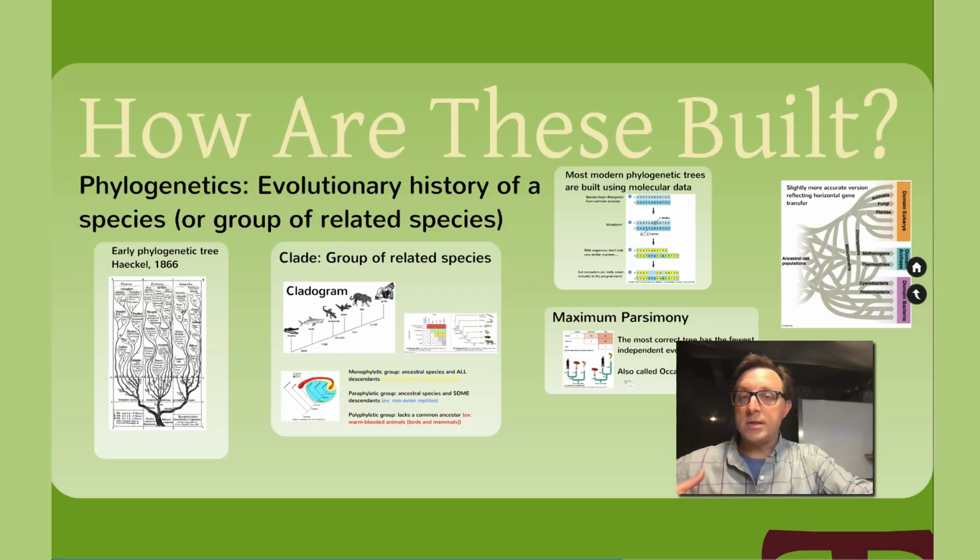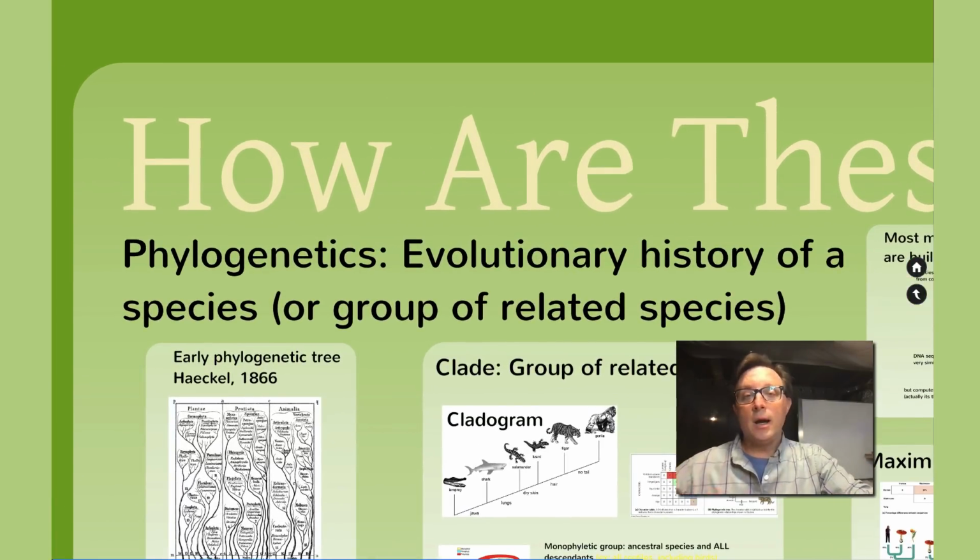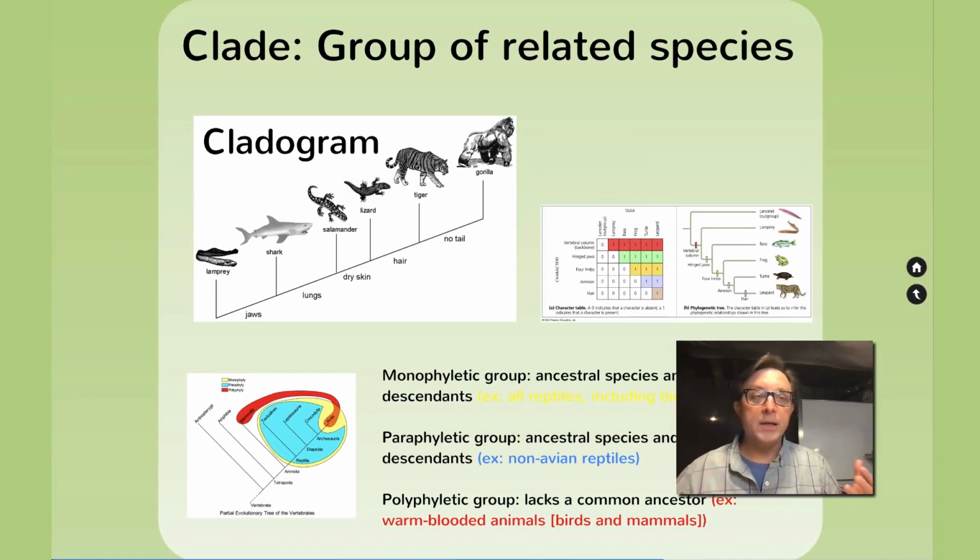When we start building these relationships, one thing that we want to develop is a clade, a group of related species, and not only putting the species together, but also uncovering how they are related to each other. There are a few different ways that these relationships can be represented.